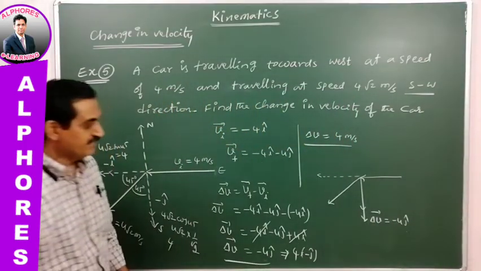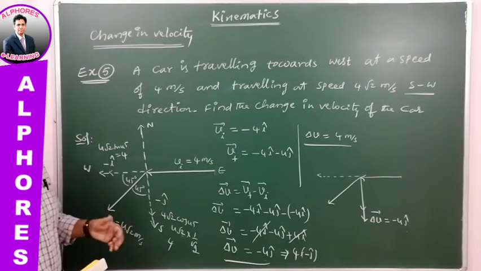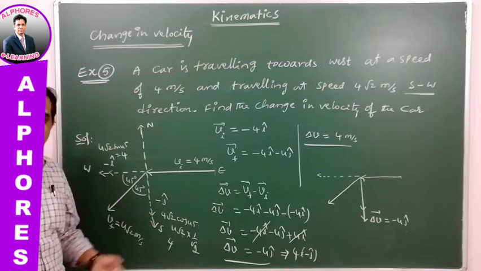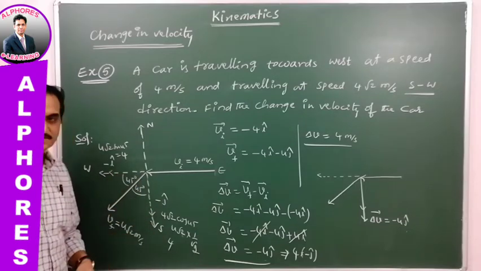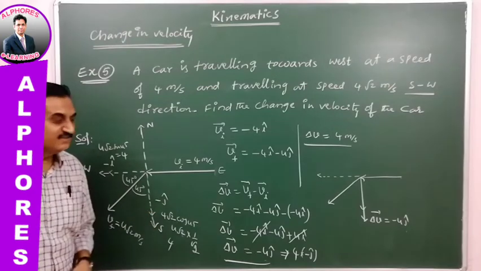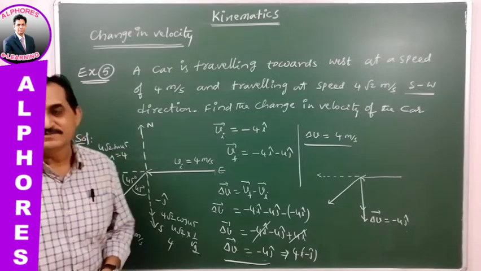This is change in velocity of the car. So the change in velocity will be limited to southward, that is vertically downward, that is minus j. So this is a final answer. So very simple question, right?